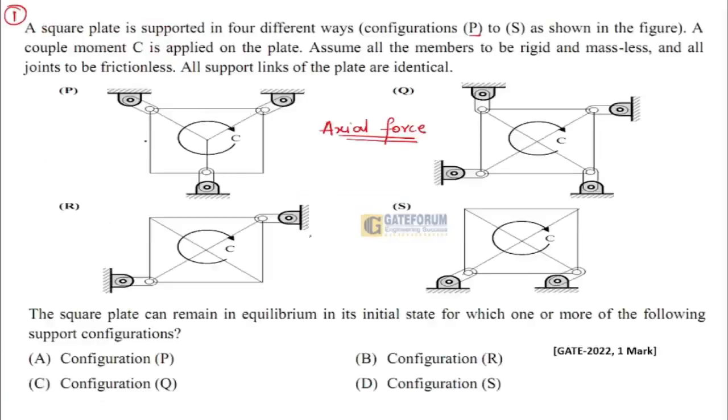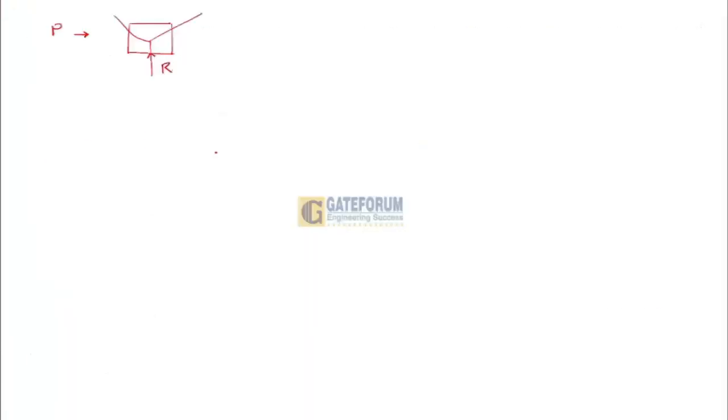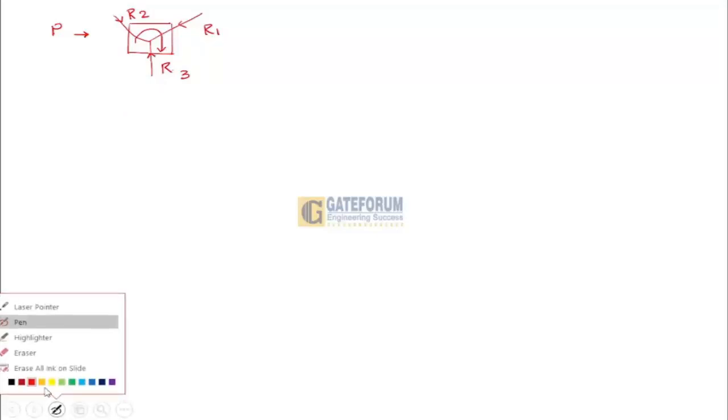There is one reaction force here, one reaction force from this side and one reaction force like this. If you see the diagram, the reactions are R1, R3, R2. This is the condition. And obviously you have a couple clockwise as I told you. This is the condition of P.